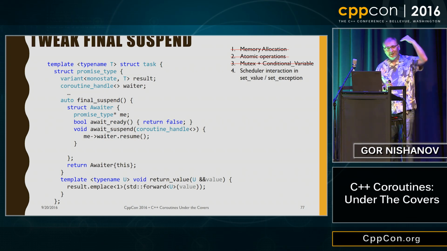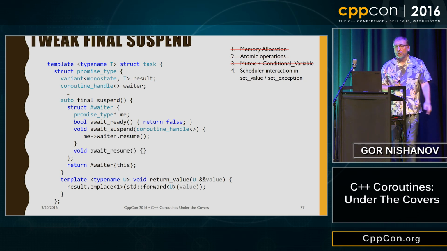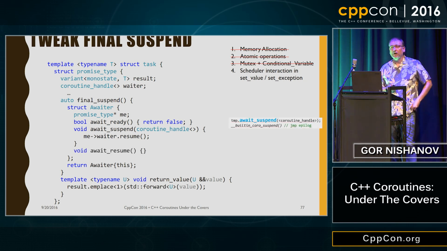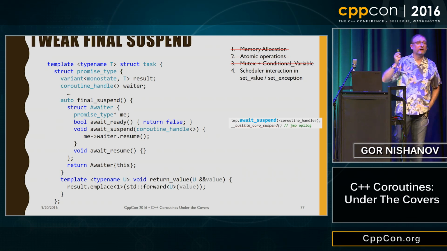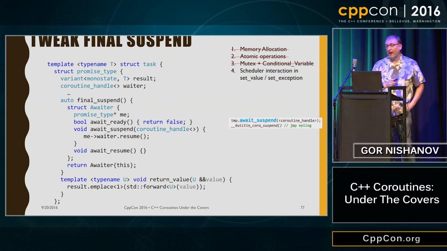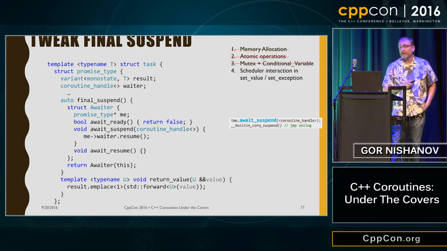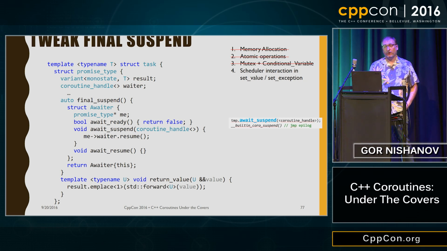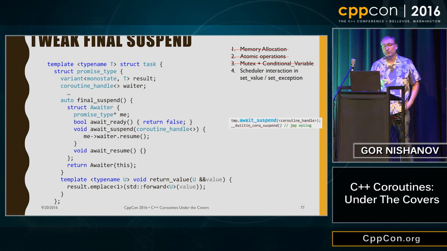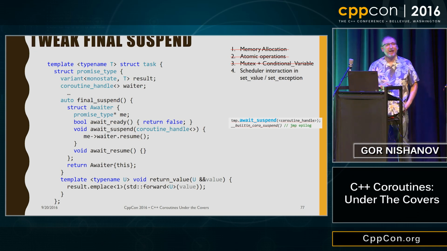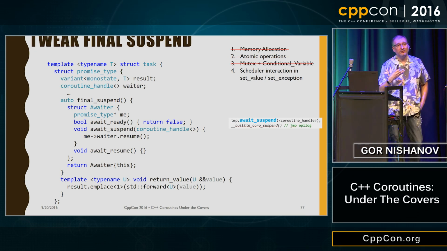And it is done at the final suspend point where our coroutine is ready to go away. So why is it important to do it right here? Because if you remember earlier when we looked at how co_await expanded, immediately after we call await suspend, we will do the suspend intrinsic, which is lowered to a jump to the epilogue.